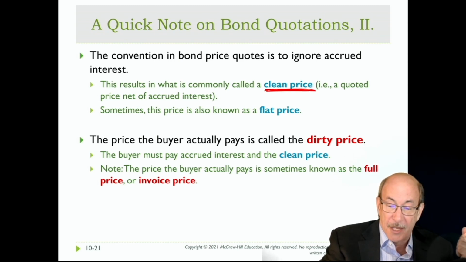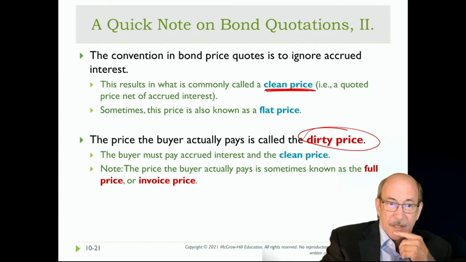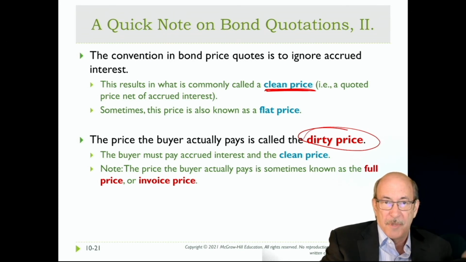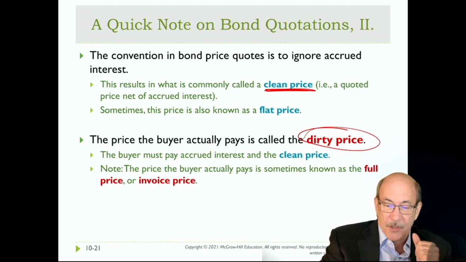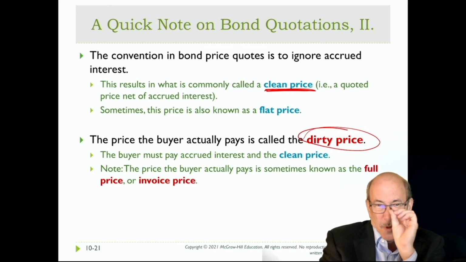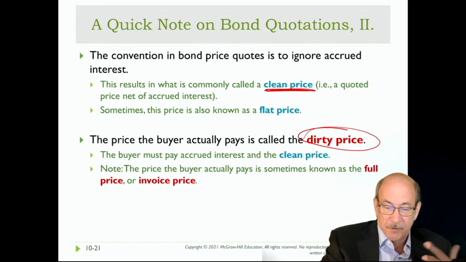Then we add to it the interest that is owed to the seller, and that is the dirty price. And that differs each time that the bond is sold. So if we sell a bond today, the dirty price is different than if we sell the bond tomorrow. Even though the clean price has only changed one tiny bit, the dirty price will change by more.